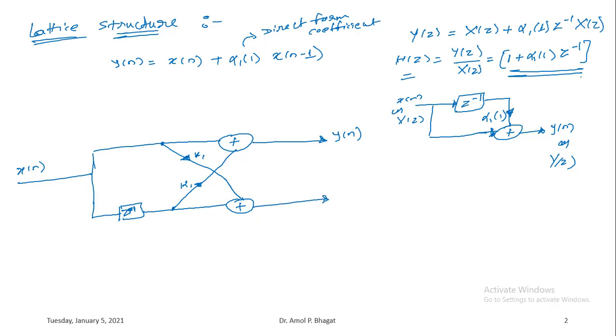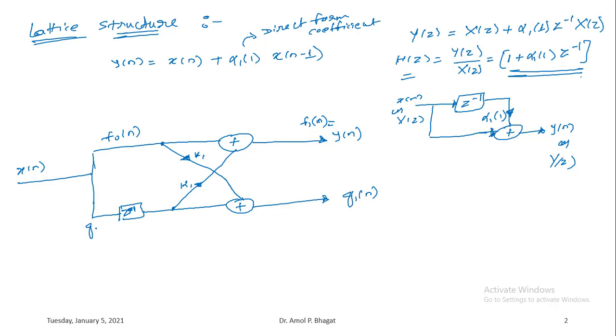Here the single stage lattice structure output is g1 of n. You can also represent these intermediate values: x of n is going as f0 of n. In this case, the single stage output is represented as f1 of n, which is nothing but simply y of n.